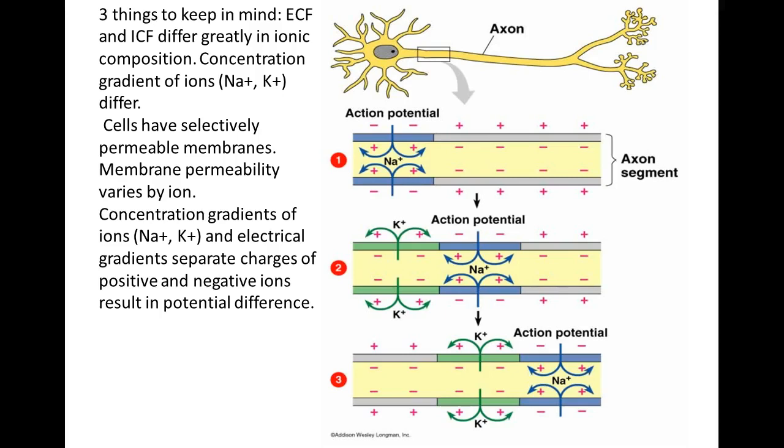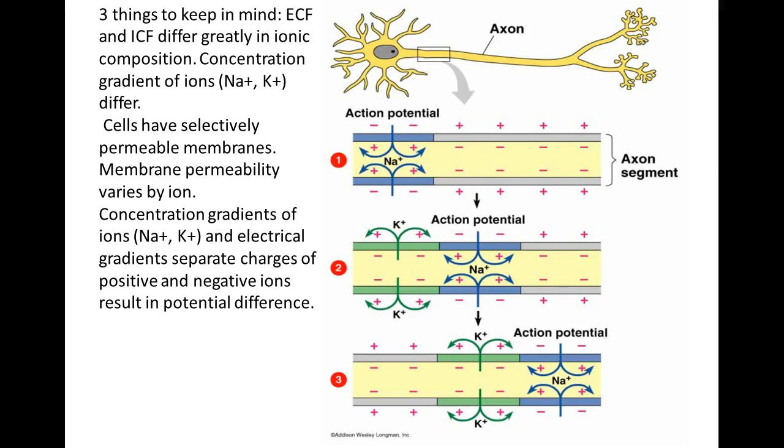And then remember that the cell has a selectively permeable membrane, so some things can get through, some things not. And this varies based on many things, but it also varies based on ions. The concentration gradients of sodium and potassium and electrical gradients.